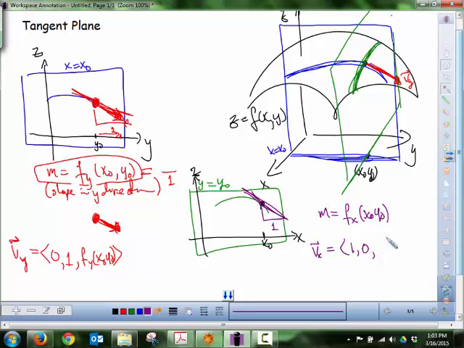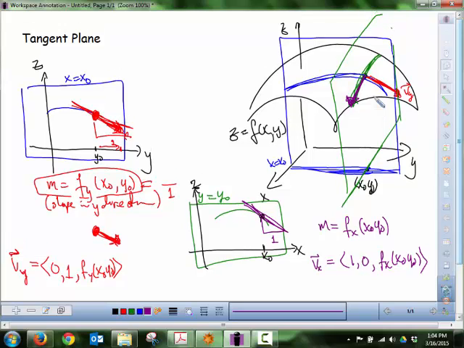And then the rise is Fx. So what we've found is this vector that is also tangent to the surface.